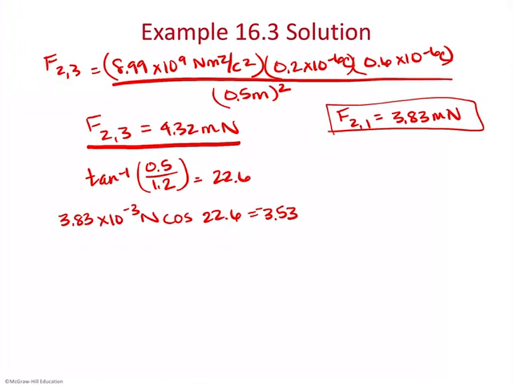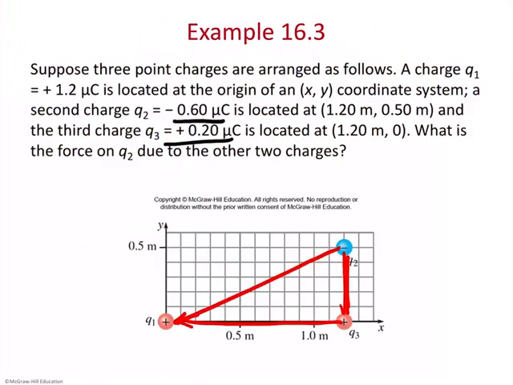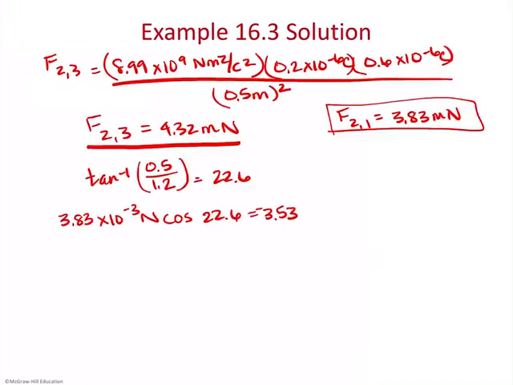Why is it negative? Well, let's look at this really quick. Let's say that this was the origin right here. See how this is going in the negative x and it's also going in the negative y direction? So we give it this negative 3.53 millinewton. And then you've got 3.83 times 10 to the negative third newtons sine 22.6. And I said it was negative as well.